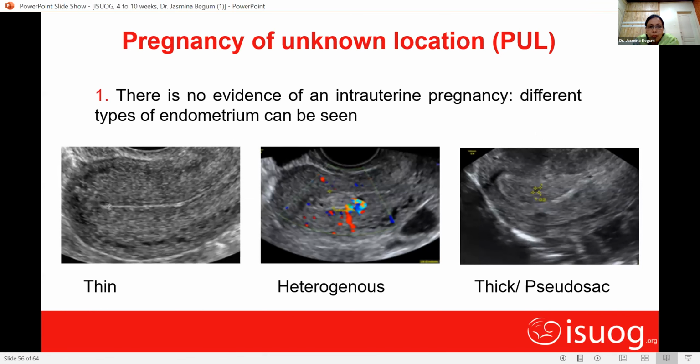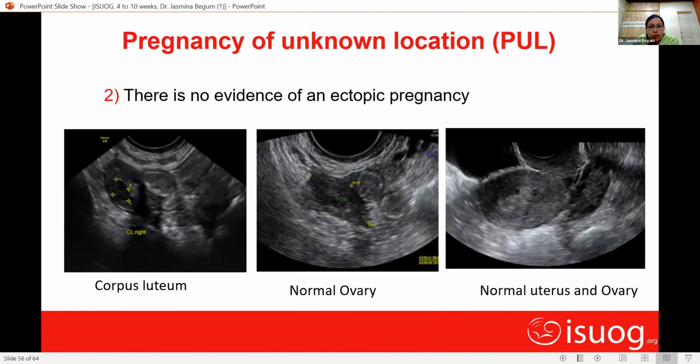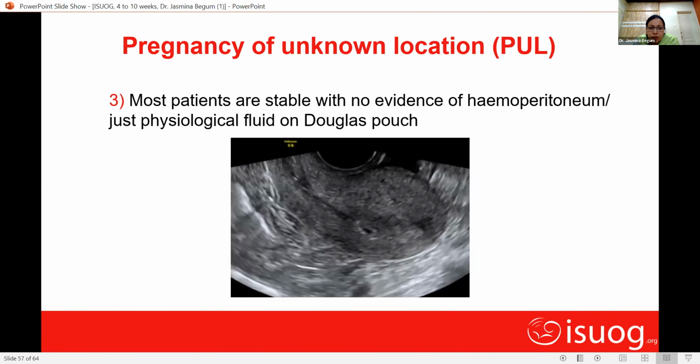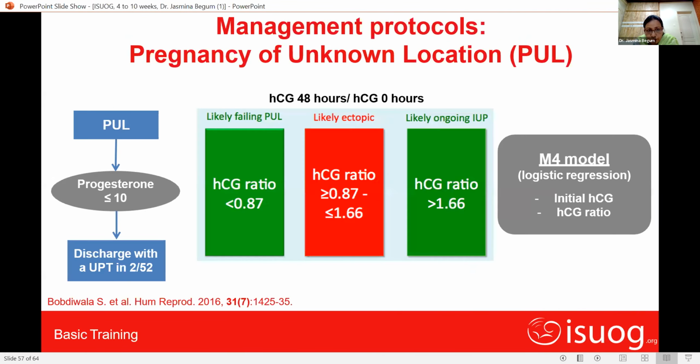The imaging findings: inside the uterine cavity either nothing, a thick endometrium, a pseudogestation sac, or a thin endometrium. Outside the cavity, a normal ovary with corpus luteum, or uterus and ovary will be normal. The hemodynamic condition of the patient will be stable, and there won't be any hemoperitoneum.